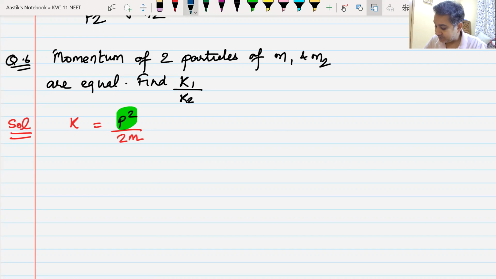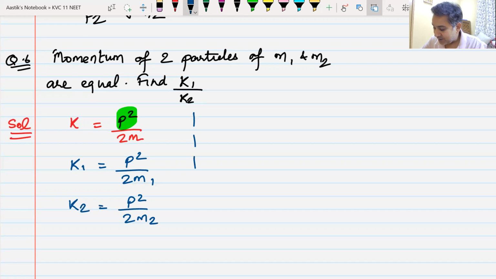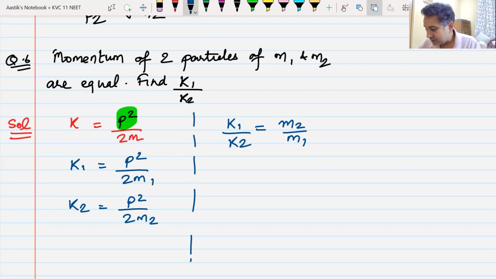So I can write K1 will be equal to P square divided by 2M1, K2 equal to P square divided by 2M2. Once I divide K1 by K2, what would I get? I would get M2 by M1, and that is the answer.